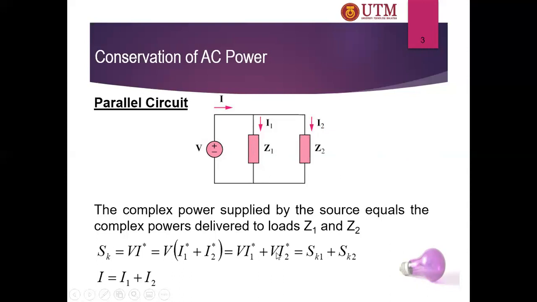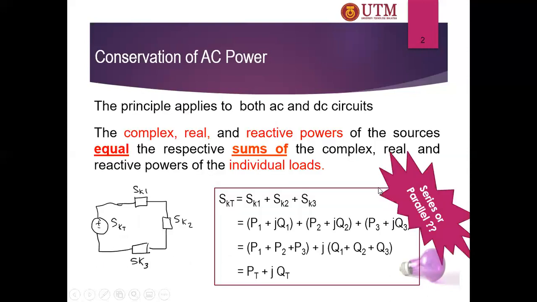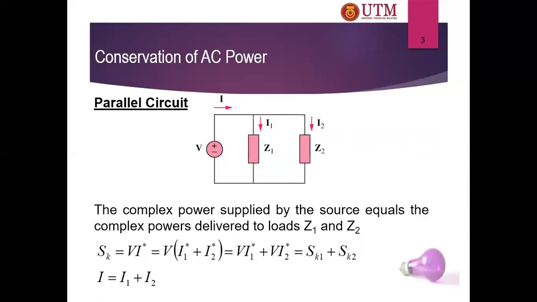And we have another one, V I2 conjugate, which refers to the complex power of load number 2. So S source is equal to S1 plus S2. As you can see, the equation is similar to the first equation here, meaning that the parallel connection can use this conservation of AC power equation.